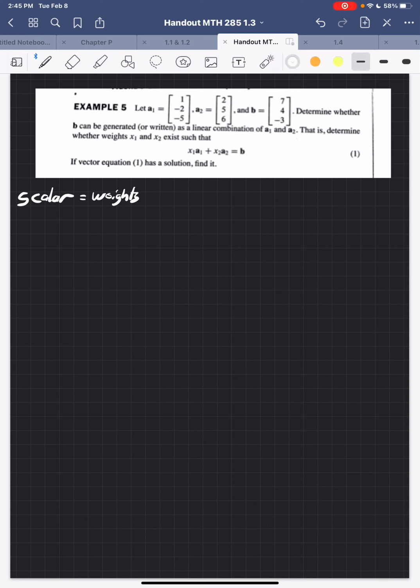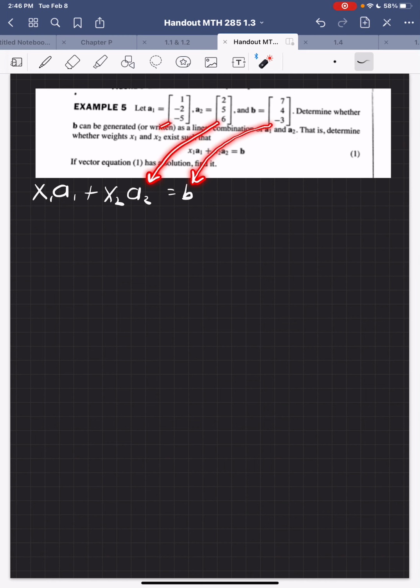Okay, so I'm going to go ahead and write x sub 1 times a sub 1 plus x sub 2 times a sub 2 is equal to b. And now I'm going to insert the vectors in this equation.